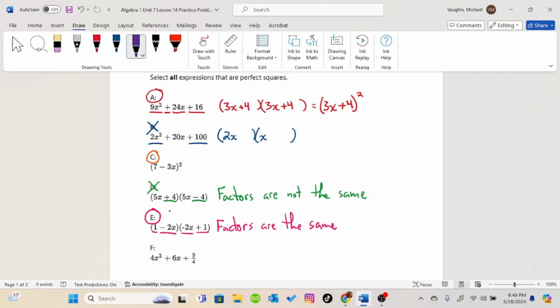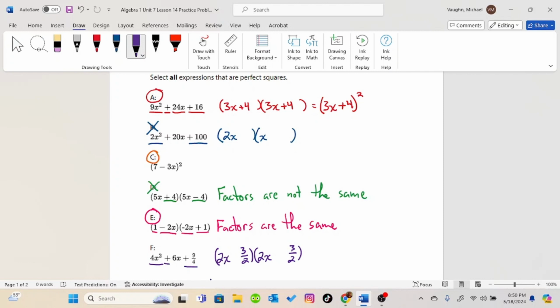And finally, choice F, we would need 4x squared to be a perfect square, which it is. That would be 2x times 2x. And we would need positive 9/4 to be a square, which it is. That's 3 halves times 3 halves.